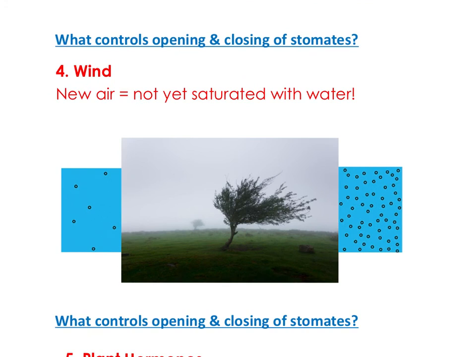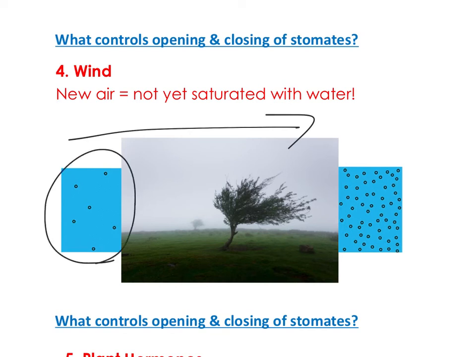Wind also can greatly impact the amount of water lost by a plant. The idea is that wind brings new air that is not yet saturated with water. So in my picture, my wind is blowing that way. I've got air over here. If you imagine my dots represent the amount of water molecules, let's say these dots are the little water molecules.